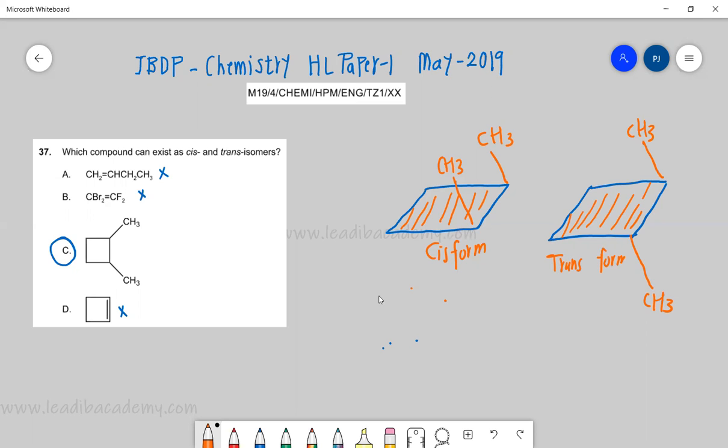That means these two groups are far apart, while in cis they are close to each other. For the double bonded one, there is restricted rotation of the carbon. That is a trick to understand: there is no possibility because of the restricted rotation. So the only possibility will exist in this case. The correct option is C.